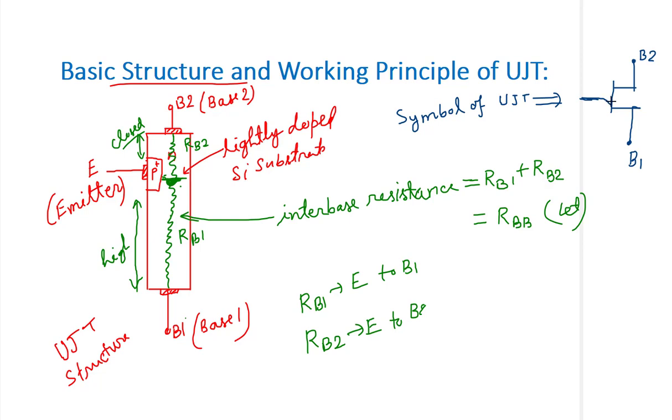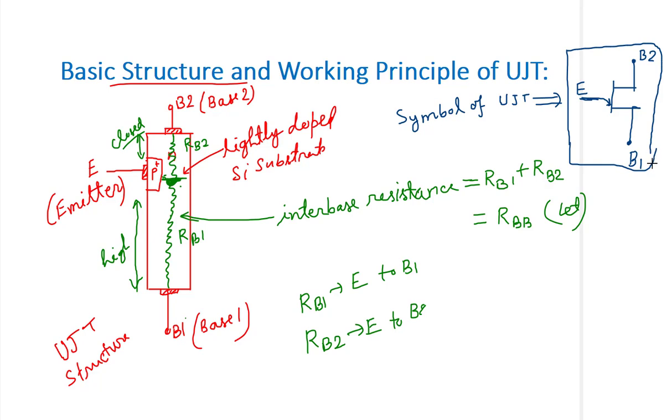The emitter has a down arrow, which means the current flows from emitter to base 1 region. Current does not flow from emitter to base 2 region. Why it flows from emitter to base 1 is discussed in the working principle. So this is the symbol of the UJT.